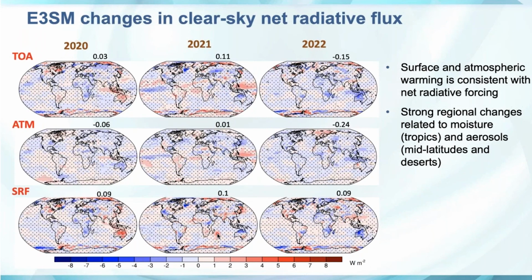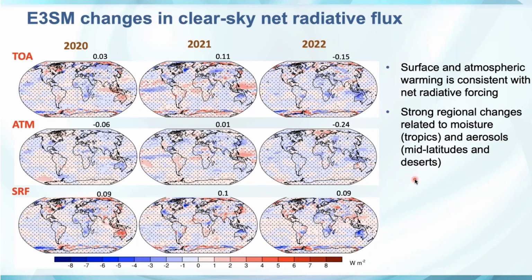And this slide shows the clear sky net radiative flux at the TOA at the top, and in the atmosphere and at the surface. So in general, the surface and atmospheric warming is consistent with the net radiative forcing.